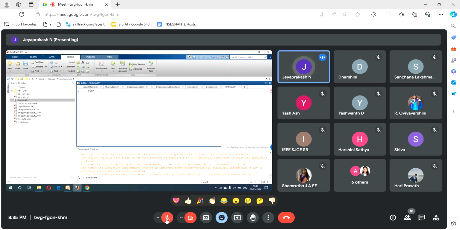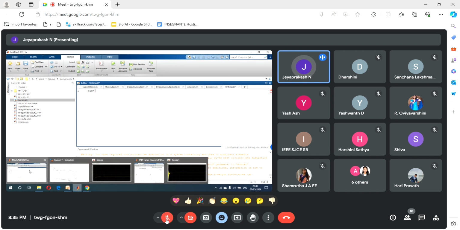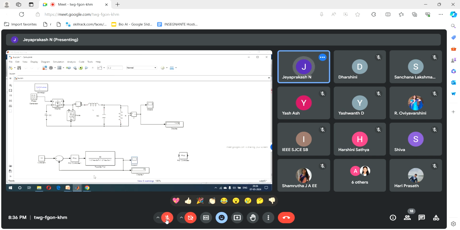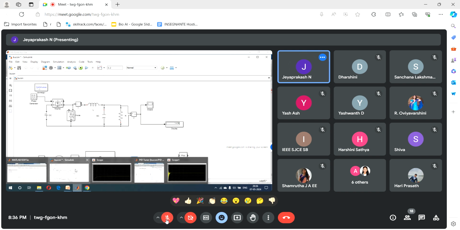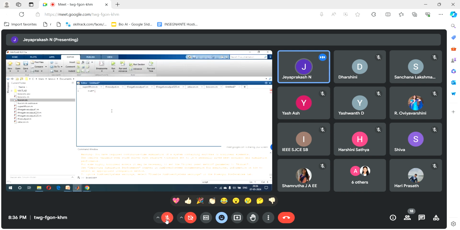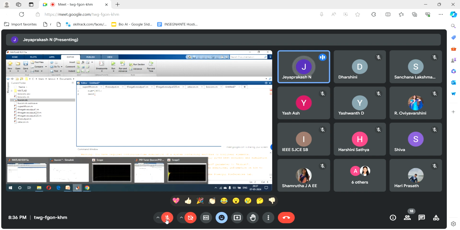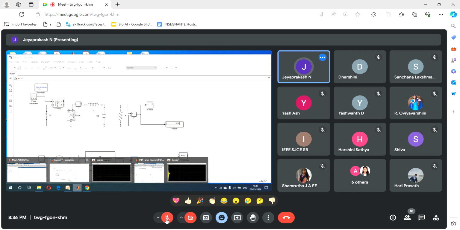We have calculated the numerator value, and then the denominator value. You did all of this in your control system lab. Once you get the numerator and denominator, we can plot the Bode plot with the help of MATLAB.